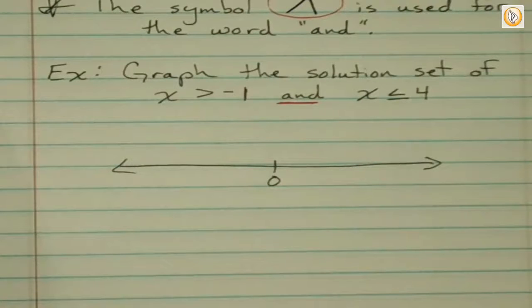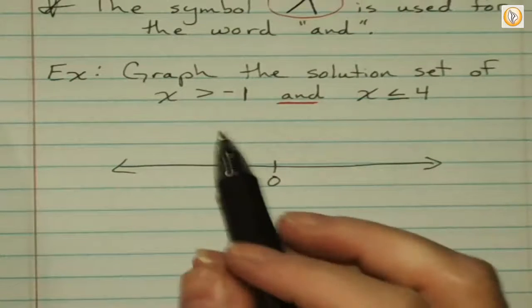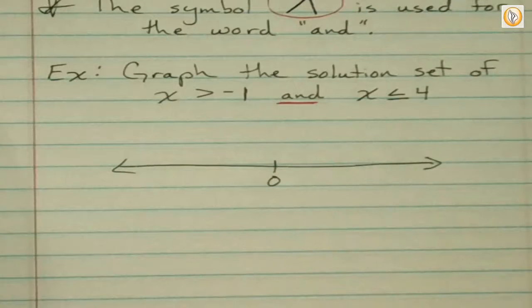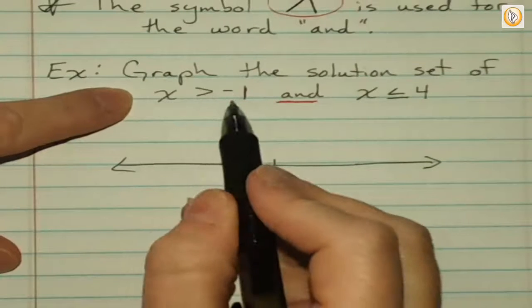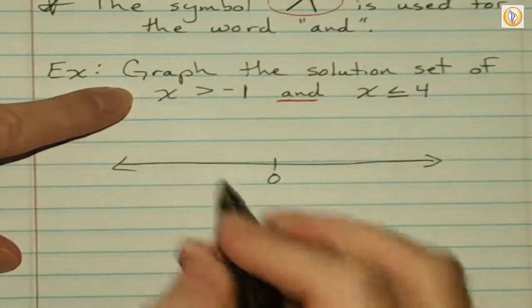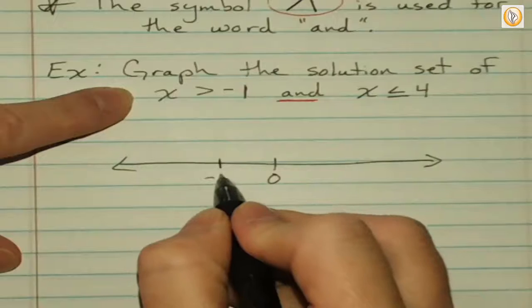Okay. So I'm going to graph each of these on the number line. I'm going to start with this one. Put your pencils and pens down and watch what I do, and then I'll let you write it. It says x is greater than -1. So I have -1.